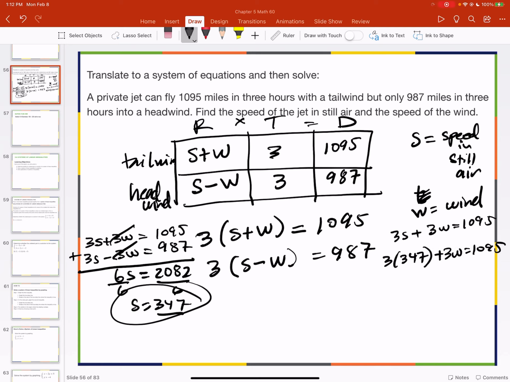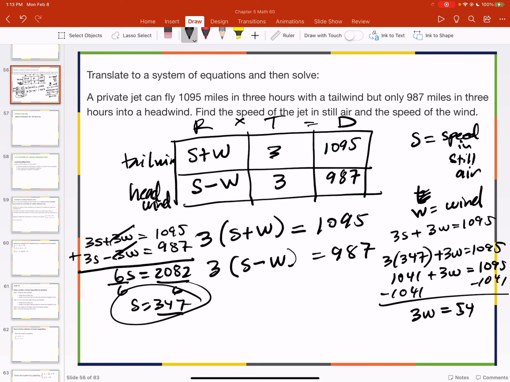So 347 times 3, that's 1,041, plus 3W is equal to 1095, so subtract. We get 3W is equal to 54. Then divide that by 3, and you get 18. And that's the speed of the wind.